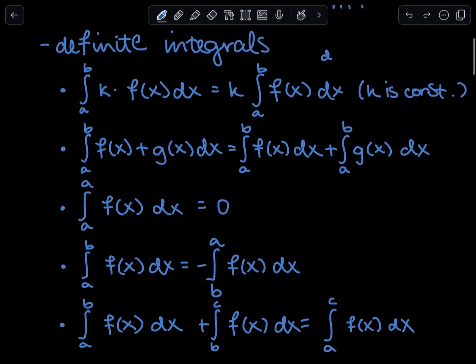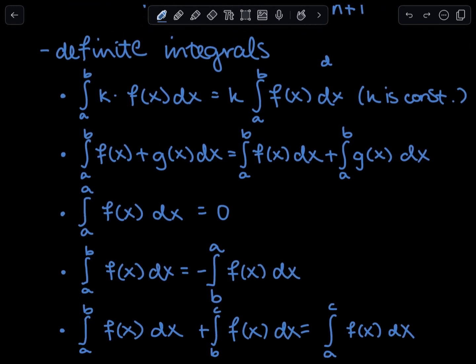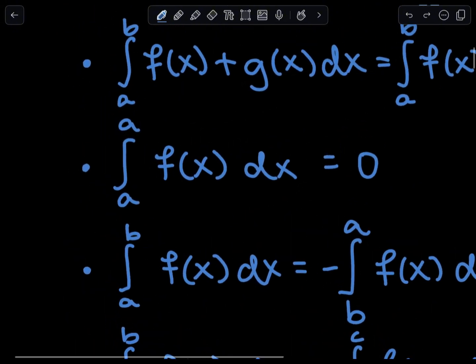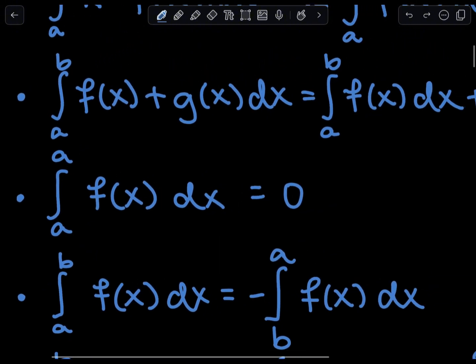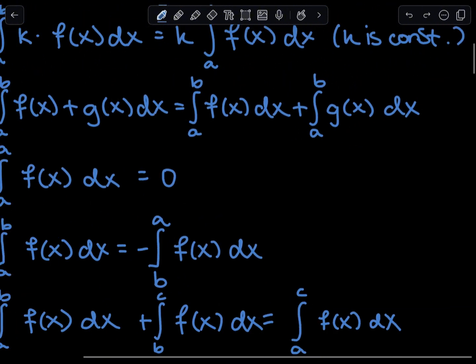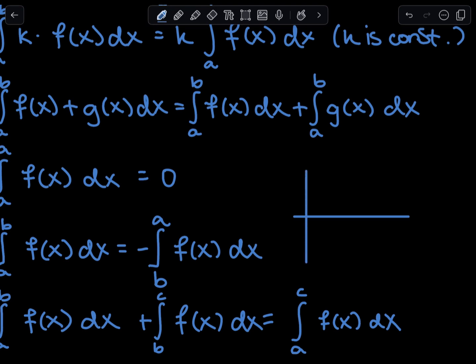Now, let's go back to definite integrals. We have the integral of any function from a to a. So that's when you have the same number for the integration limits. That's always going to be equal to 0. Imagine you have a plane with x and y.